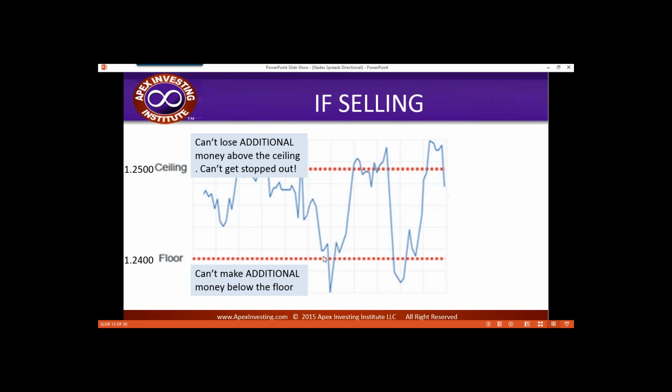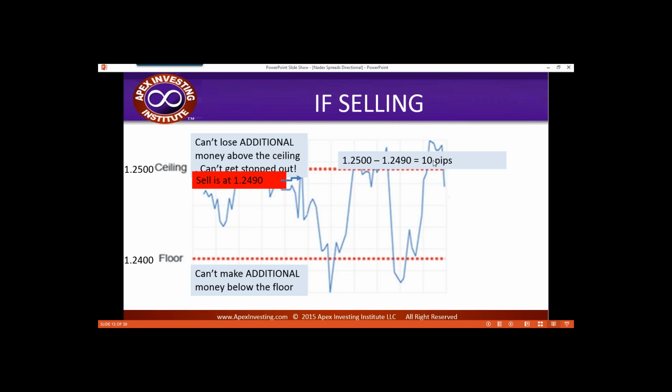Okay, so how does this work? Let's say, for example, that I sold right here at 1.2490. So I'm selling, saying the market's going down. Where is the top of the spread? 2,500, right? So the ceiling is 2,500. I sold at 24.90, so the difference between where I sold and the top of the spread is 10 pips.